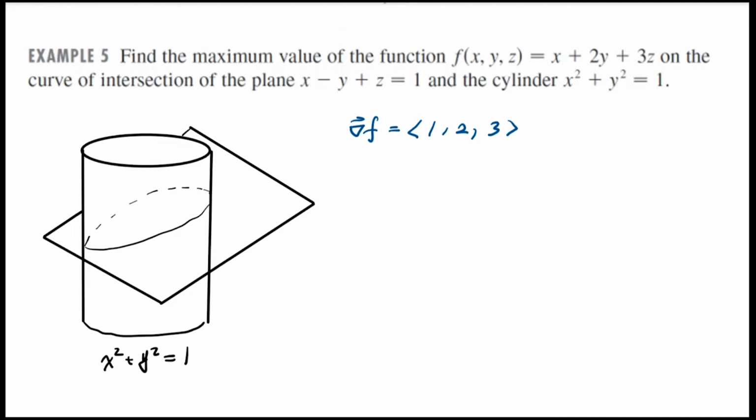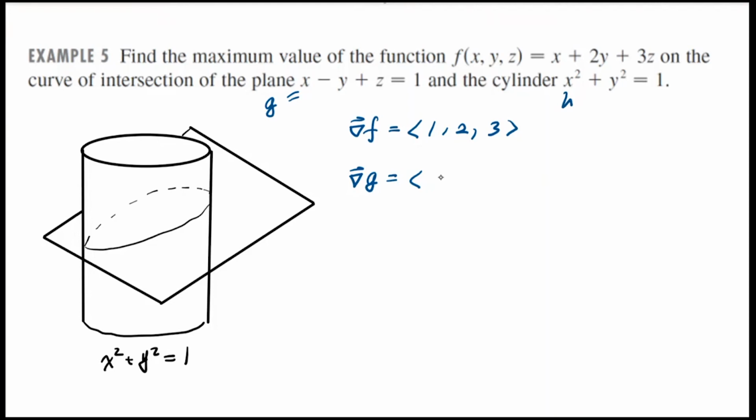So, and then we find the gradient of g. And our g, which one should we say is g and which one is h? Let's say this is g right there. And this one is h, okay?